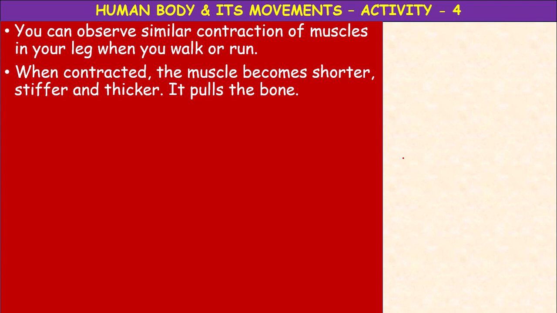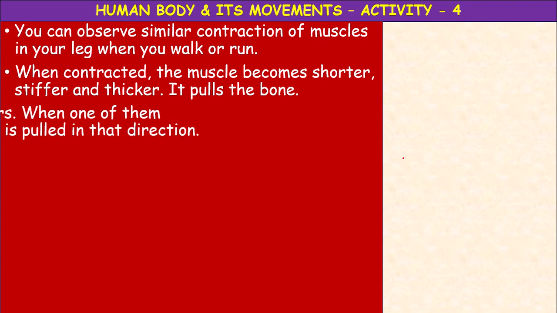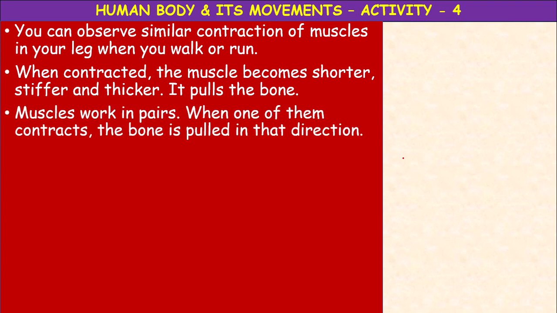The muscle becomes shorter, stiffer and thicker. It pulls the bone. The muscles work in pairs, means working together. When one of them contracts, the bone is pulled in that direction. The other muscle of the pair relaxes.